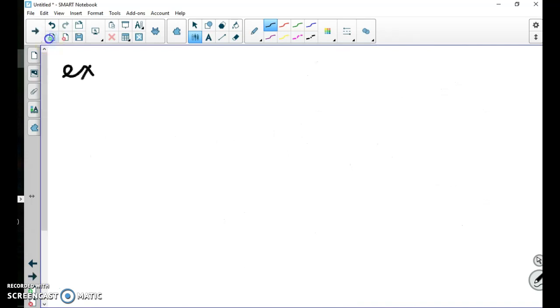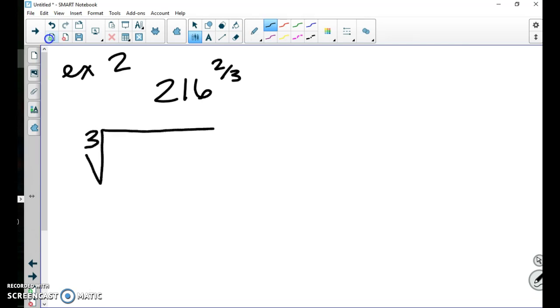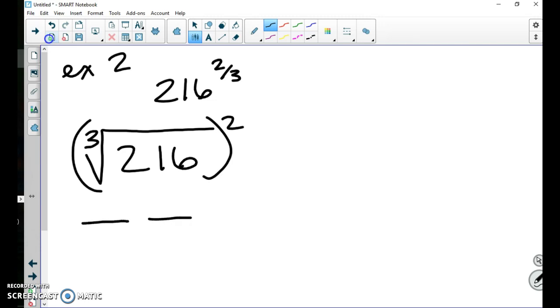Let's look at example 2, part A. We want to take 216 to the 2/3 power. This is in rational form. Let's write it out in radical form. And I'm going to do this part last. That will be easier for me. So I'm going to think of some number multiplied by itself 3 times that gives me a solution of 216.